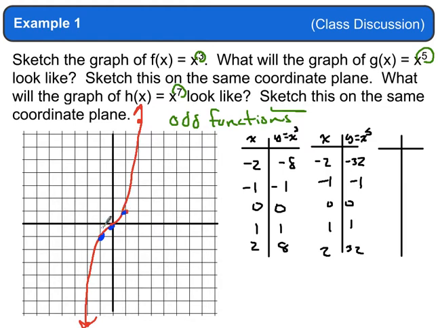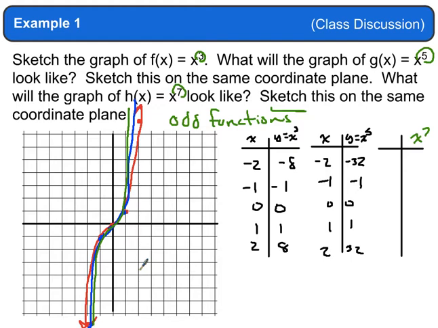But my -2, -32 will come down even more narrow. And so the graph is going to start to come down like this and go down like that. Same thing if we did x to the seventh. It would come down even more narrow and have even less of a curve to it in that design.